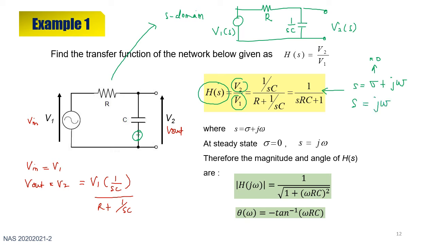Therefore, we can analyze the network or the system performance at a certain frequency by replacing the omega with the required frequency values. The magnitude of the transfer function or the filter can be calculated by calculating the magnitude of the function, while the phase can be calculated by using the inverse tangent of the components.